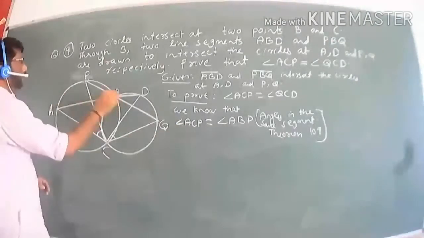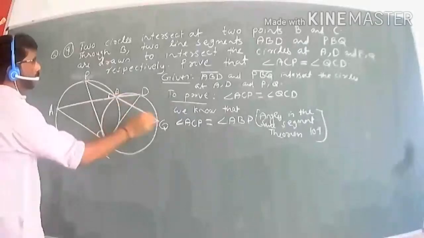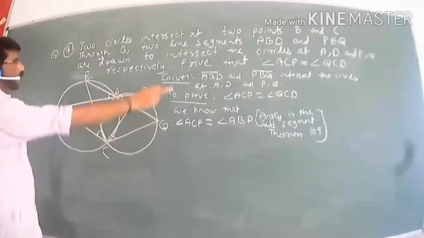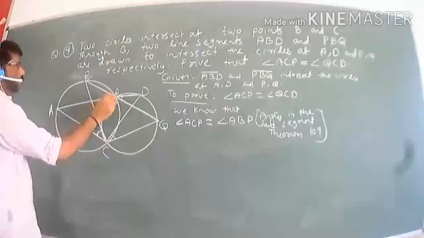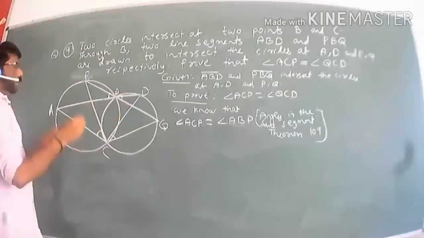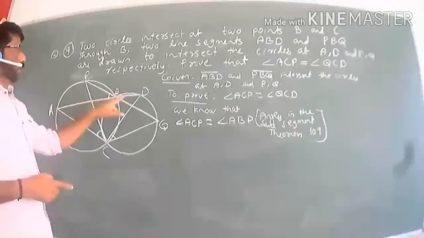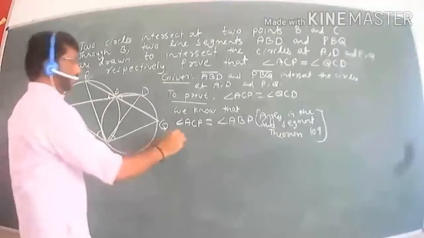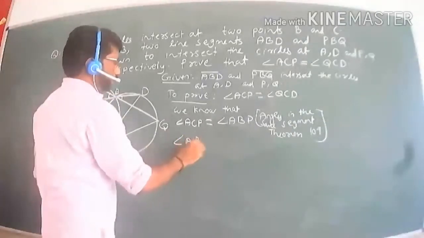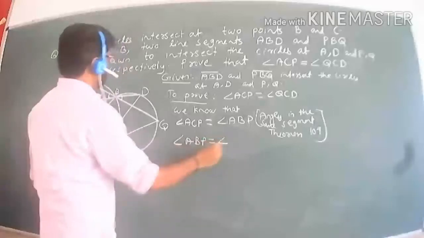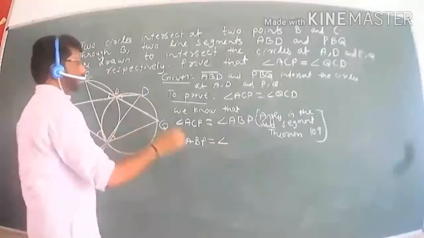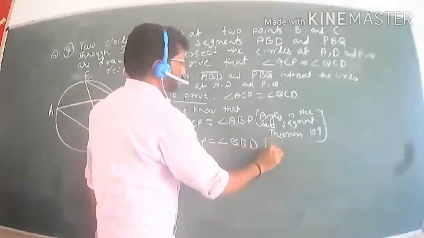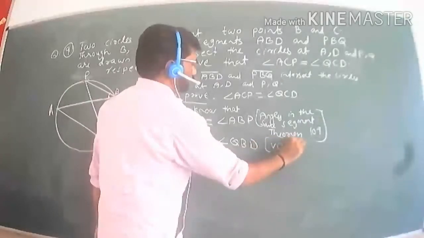Next, are angle ABP and angle DBQ equal? See, these two are straight line segments, already given. When two straight line segments intersect, opposite angles are formed, so they will be vertically opposite angles. So we can write angle ABP is equal to angle QBD, because they are vertically opposite angles.